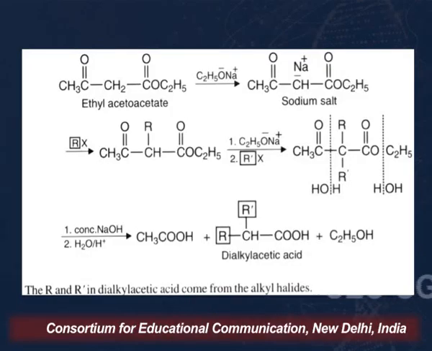As you can see on your screens, the molecule of ethyl acetoacetate is treated with sodium ethyl oxide, and in doing so we get a sodium salt. As I said in my earlier lecture, the bond between sodium and the methylene carbon is an ionic bond, which is represented by a positive charge on sodium and a negative charge on the methylene carbon.